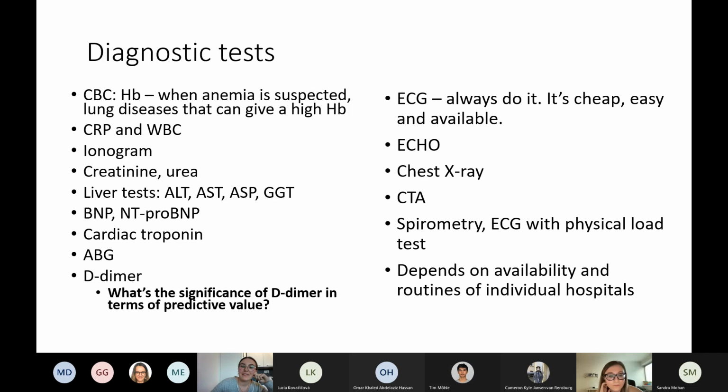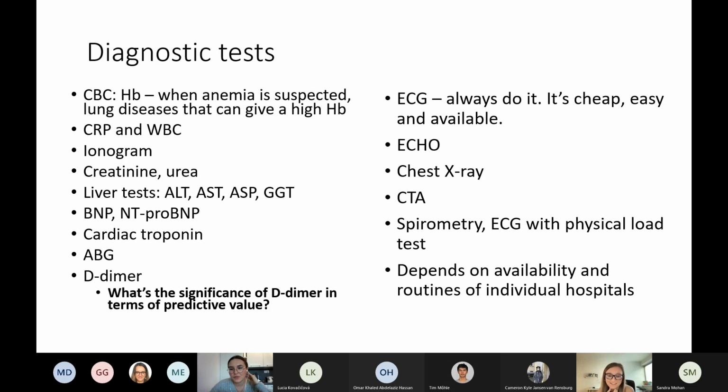And then you have ABG, which is arterial blood gases, and that is a great bedside test to run, and it can tell you if you have any acidosis, alkalosis, those kind of things, and then D-dimer. What is the significance of using D-dimer in terms of predictive value?